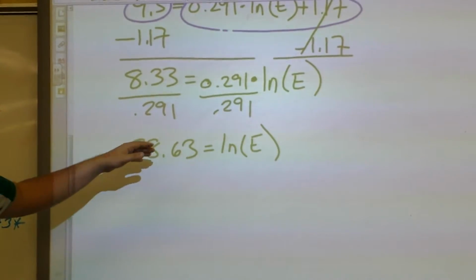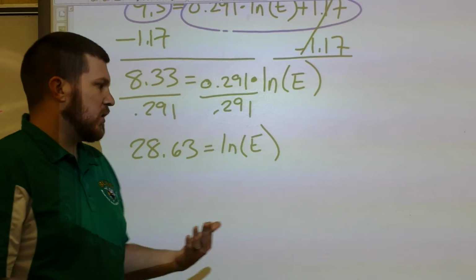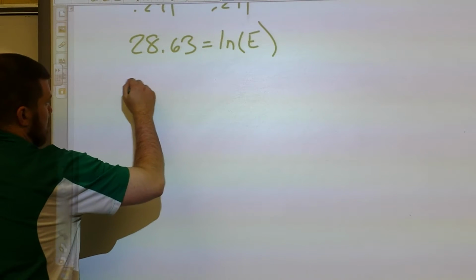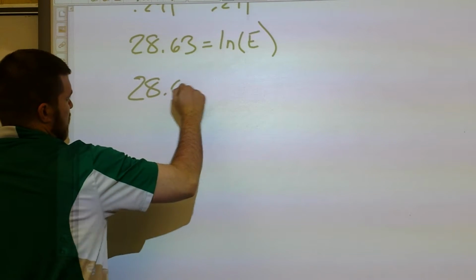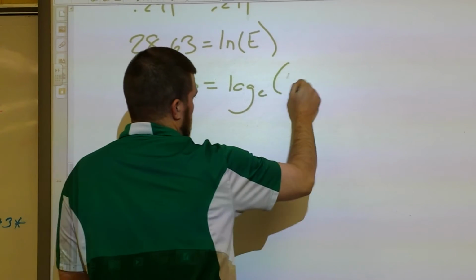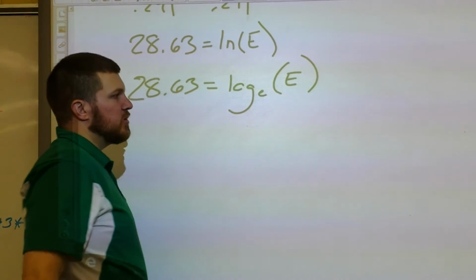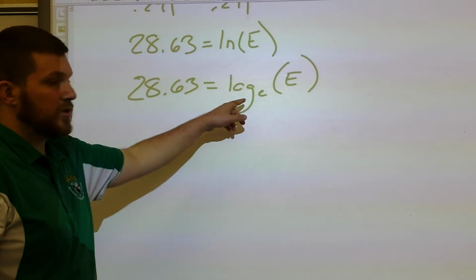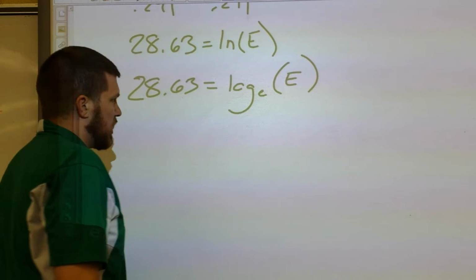So 28.63 is equal to the natural log of E. Now, natural log of E can be rewritten as log base e, which you should remember from previous videos. So log base little e of capital E. Again, capital E represents energy. Little e is a number, so keep those two separate.